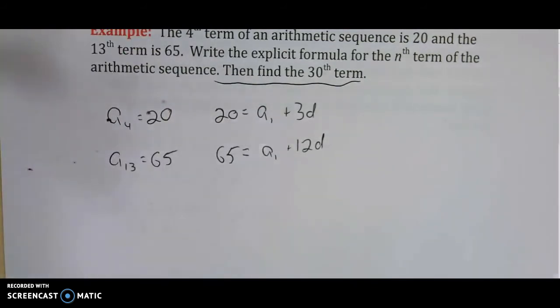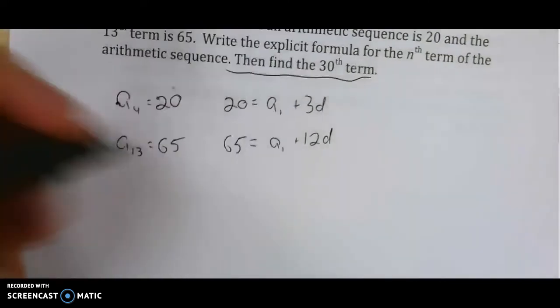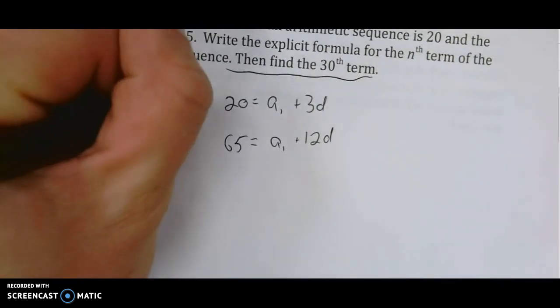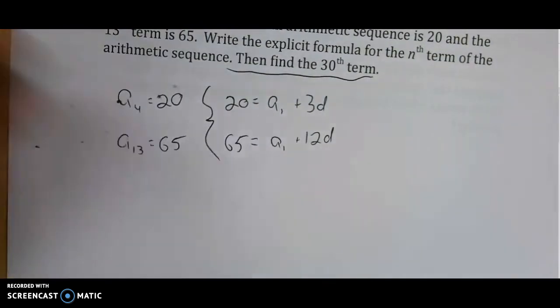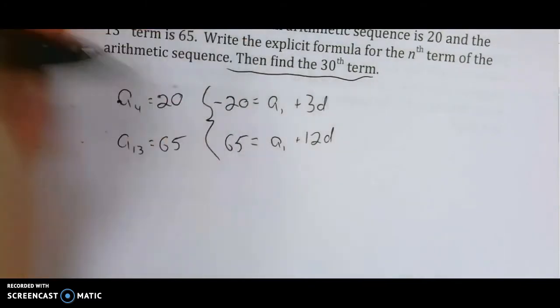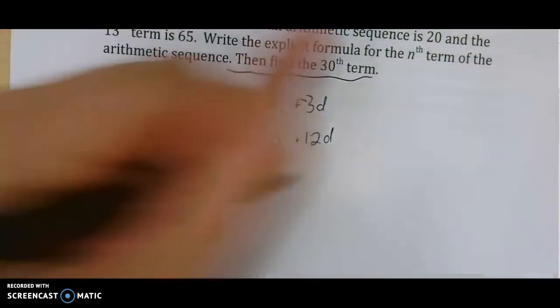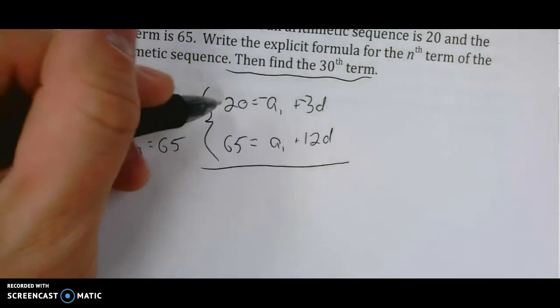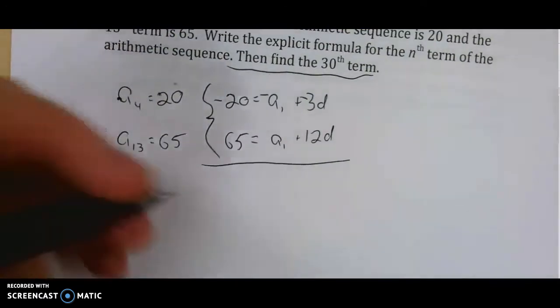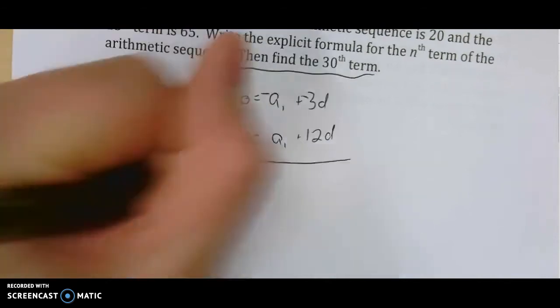And the way this is set up right now is absolutely perfect for a little bit of elimination. So I'm going to think of this as a system. If I made everything in that top equation negative, I would get, let's see, negative 20 plus 65 is 45.